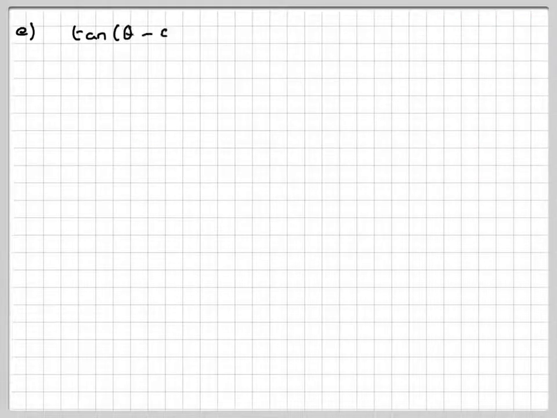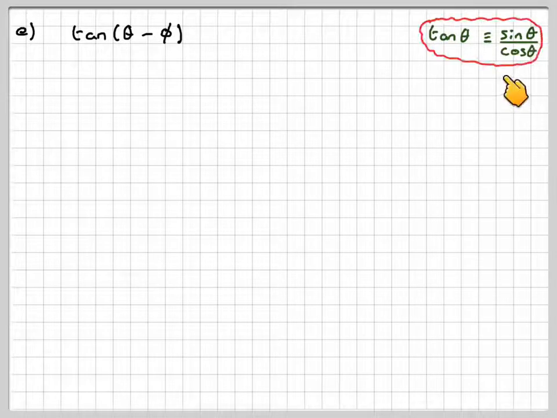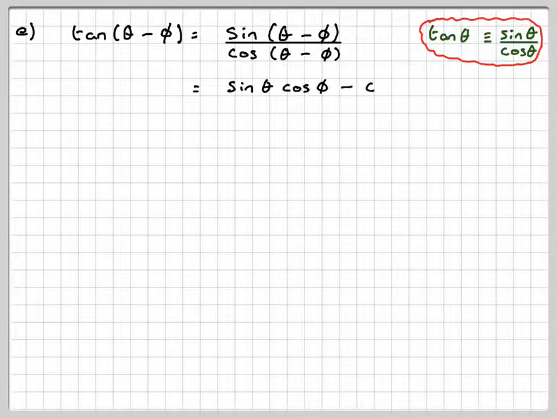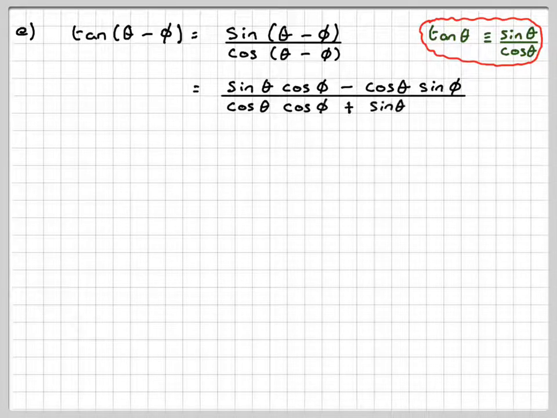And then to do tan of theta minus phi, similar idea. You rewrite this as sine of theta minus phi over cos of theta minus phi. Write down the respective expansions of both. Again, you're going to divide through by cos theta cos phi.